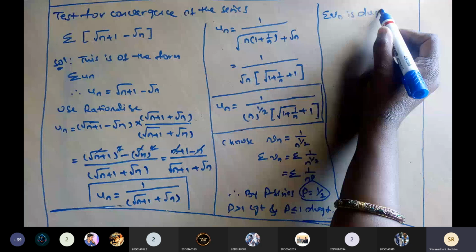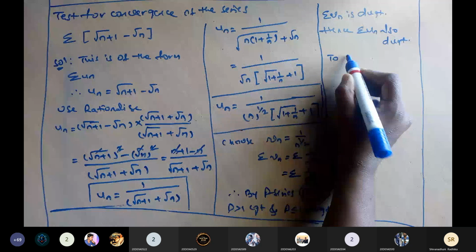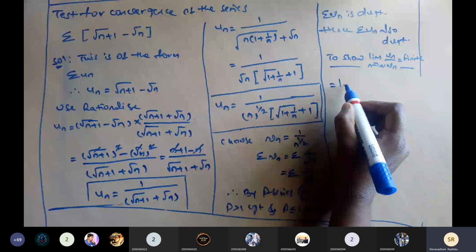Now we need to show the limit. Okay, now to show limit n tends to infinity un by vn equals a finite value. It is clear? Okay. Now I'm going to apply it here. Limit n tends to infinity. What is un here?